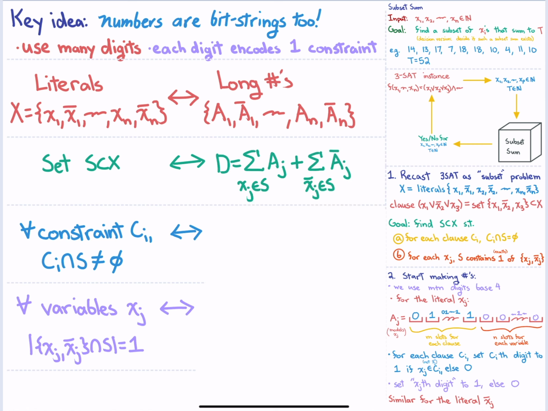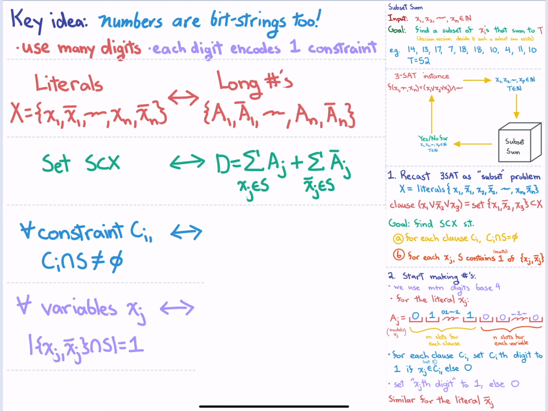So to a sum. Okay, so I want to think of a subset on one hand as corresponding to the sum of those numbers on the other. So I'm summing up all the AJs and AJ bars where the corresponding literal appears in S. I just define D to represent the sum.